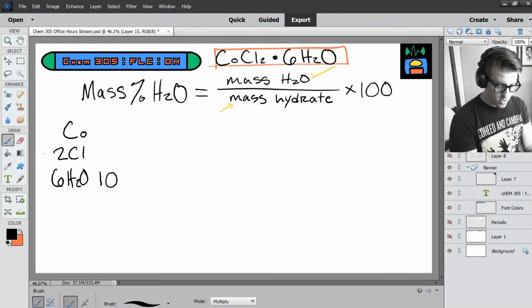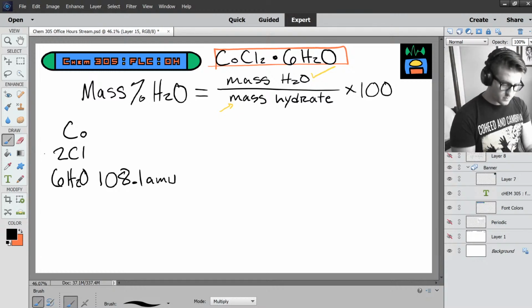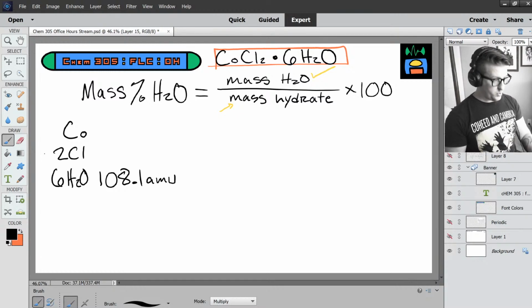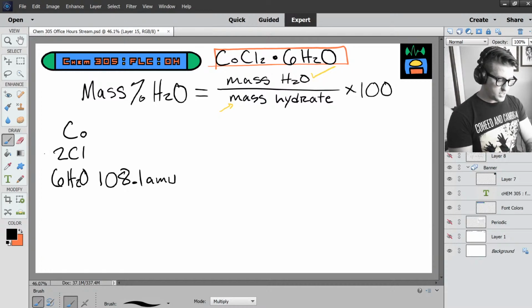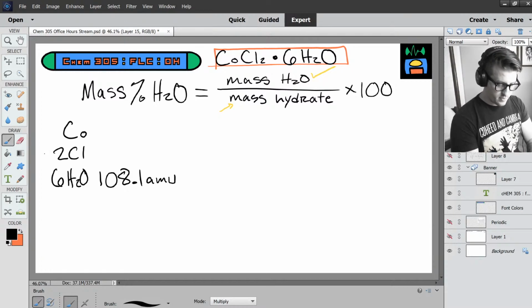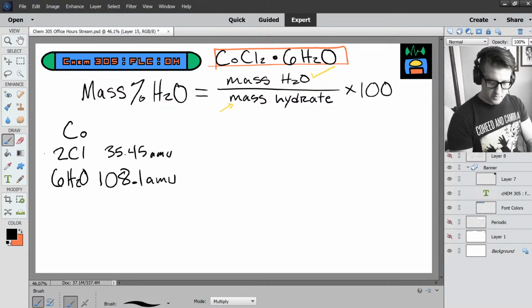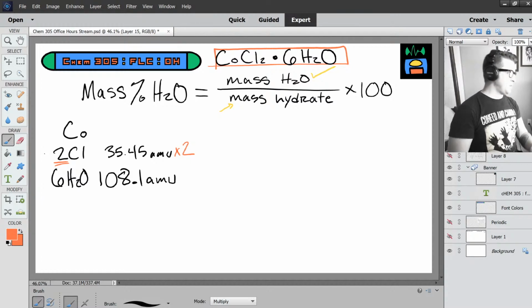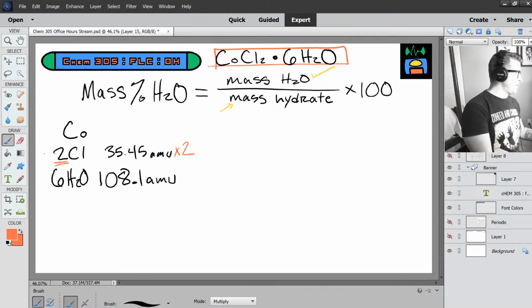It's 108.1 AMU. Chloride, when you look it up, is 35.45 AMU, and we've got to multiply this by 2, right? And then cobalt, I don't actually know off the top of my head.